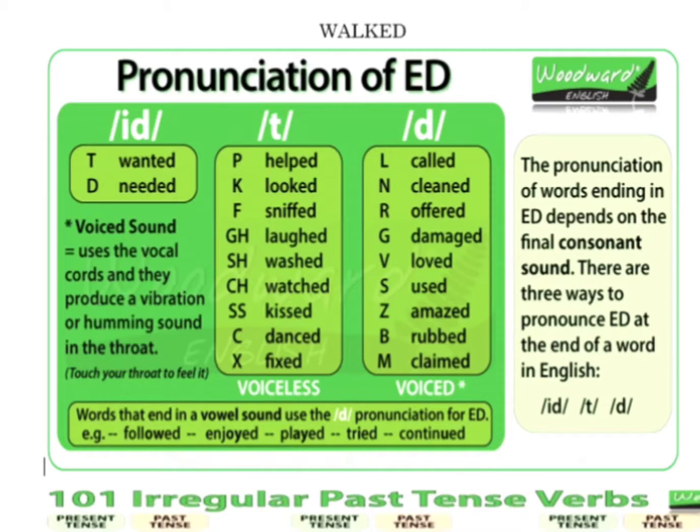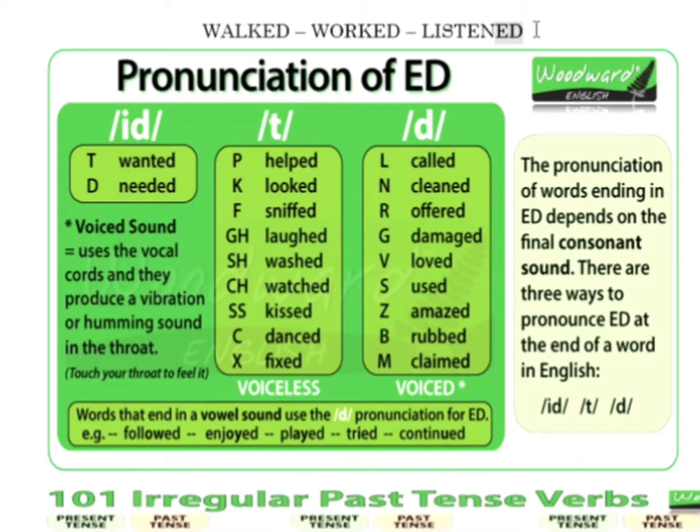This is in present, this is in past. For example, work, this is in present, this is in past. For example, listen, this is in present and this is in past. In most of the cases we only have to add the ed to the base form and it will be in its past form.